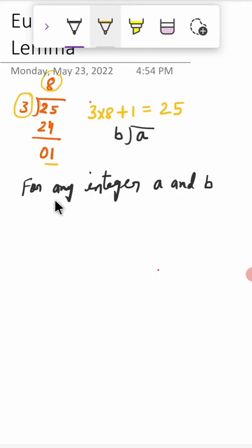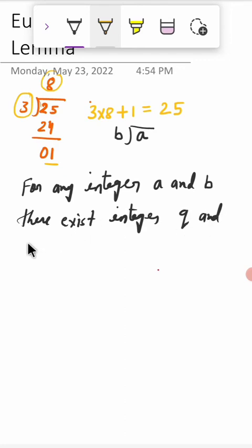So as per the statement, for any integers a and b, there exist integers q and r, or you can say there exist unique integers. Why are we using the word unique?